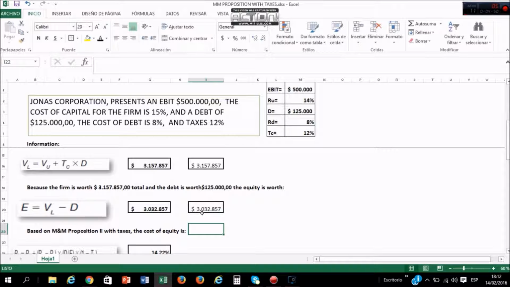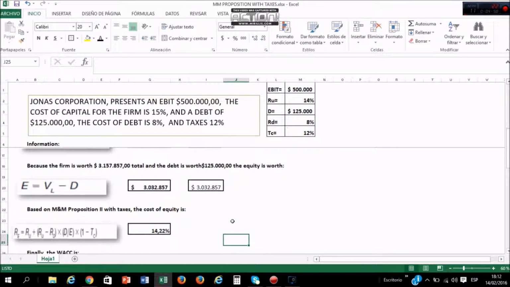So it's equal to 3,032,857. Because the firm is worth 3,157,857 total and the debt is worth 125,000, the equity is worth 3,032,857.